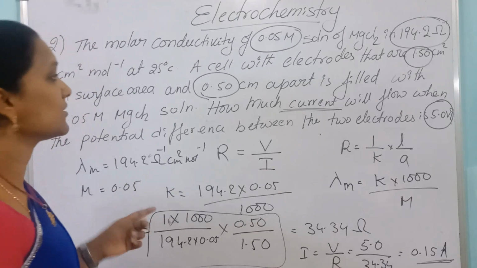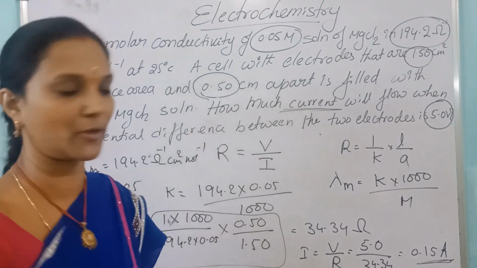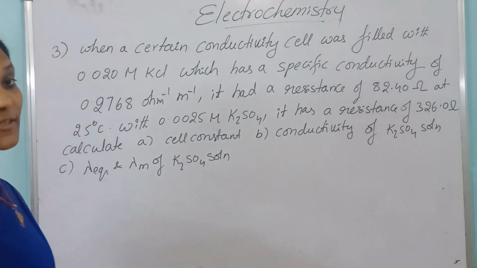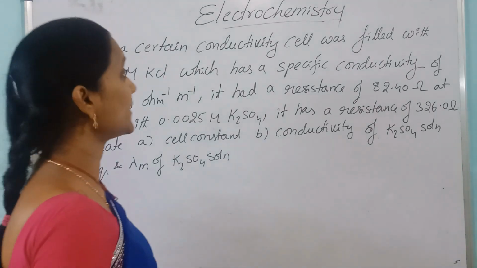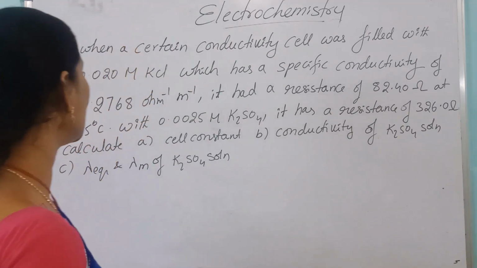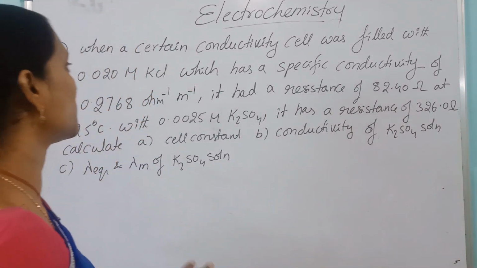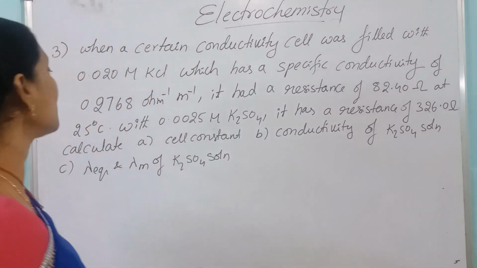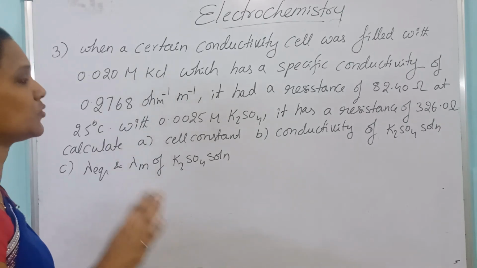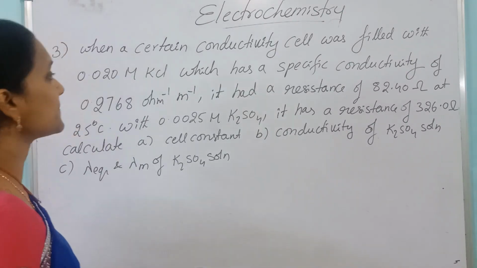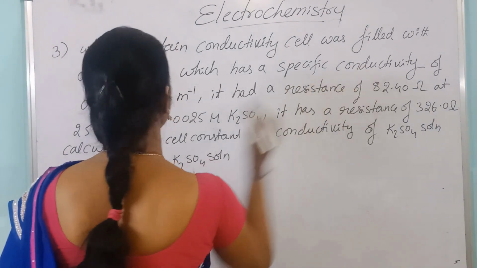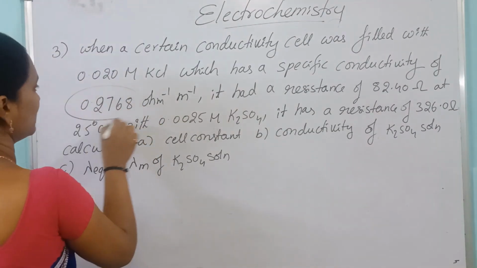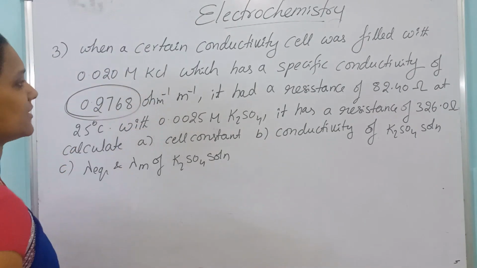Clear? So now come to the next problem, the third problem. When a certain conductivity cell was filled with 0.020 M KCl, which has a specific conductivity of 0.2768 ohm inverse meter inverse, specific conductance K is given.